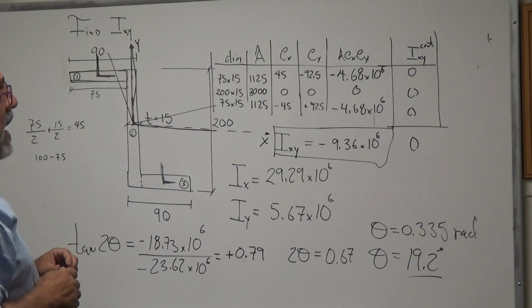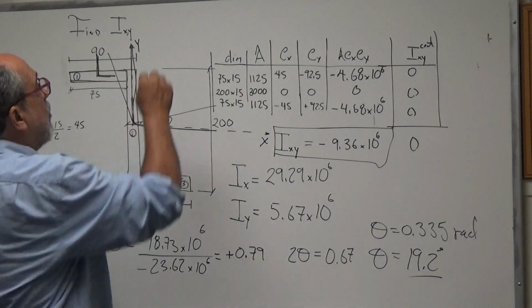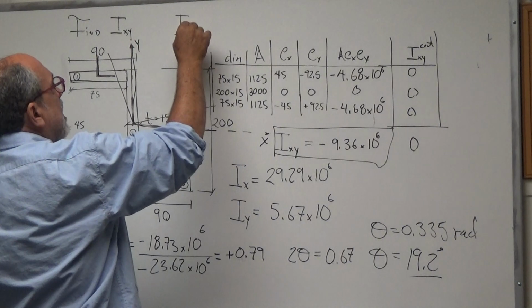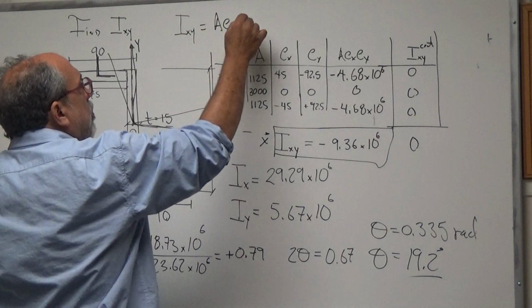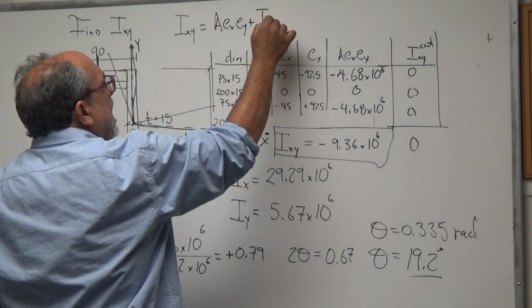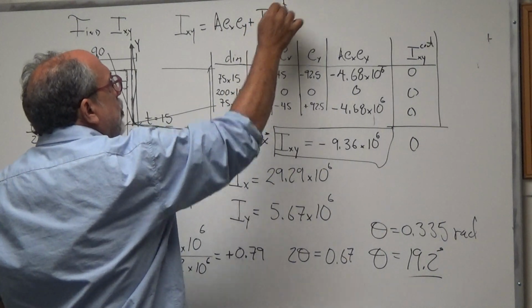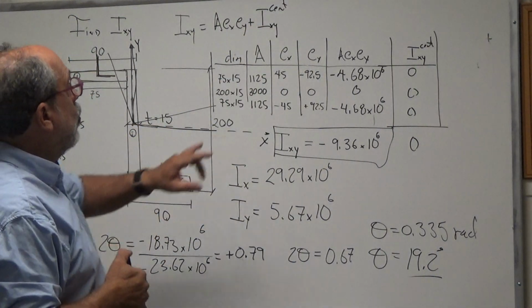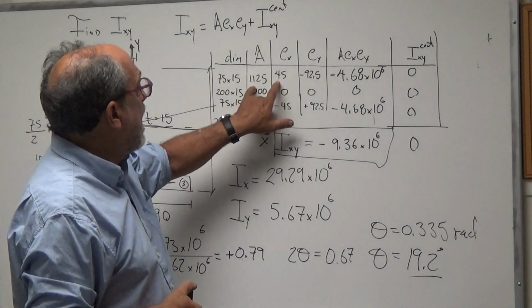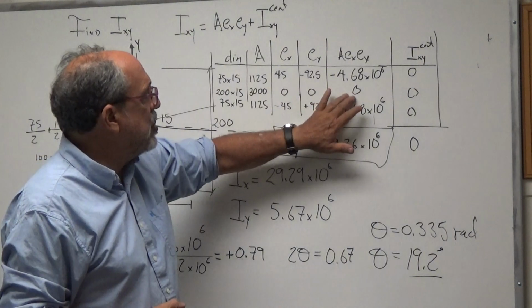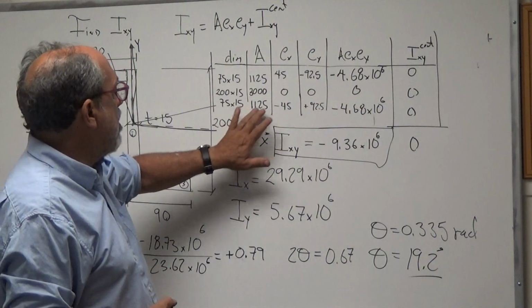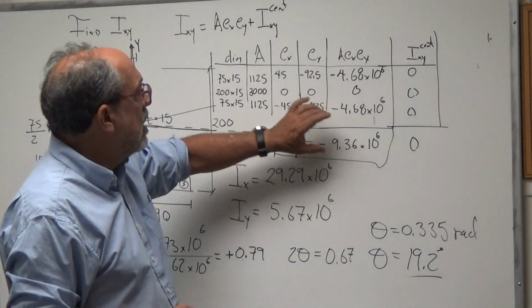Now, as we have from the formula, the shifted IXY is equal to the area times the shifts plus the IXY about the centroids. So we take our areas, multiply it by the shifts, get this, get our area multiplied by the shifts, get this, get our area multiplied by the shifts, get this.